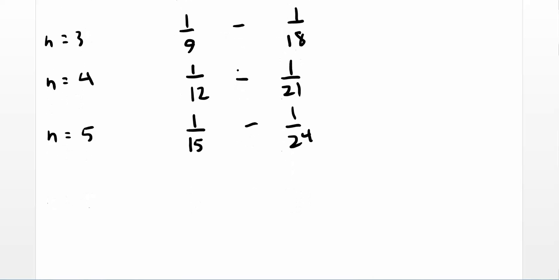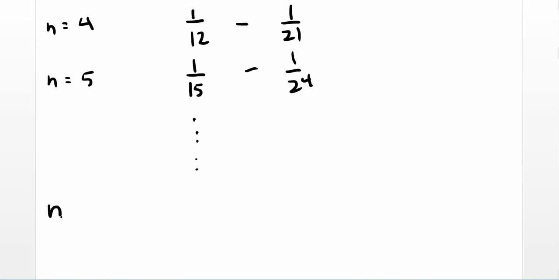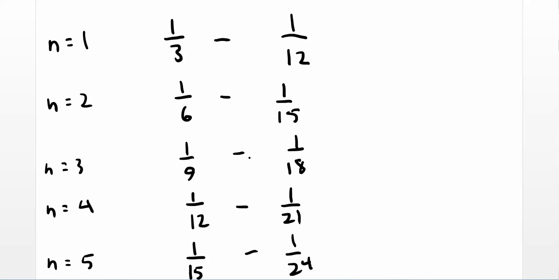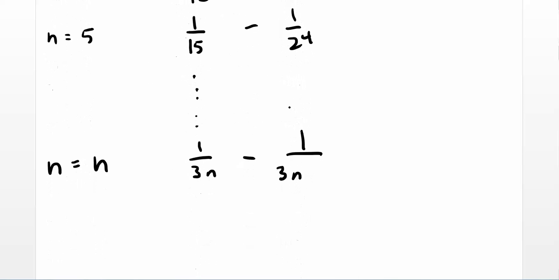This is going to keep happening until I get to my last two terms. Say n equals n. And we're going to have 1 over 3n minus 1 over 3n plus 9.